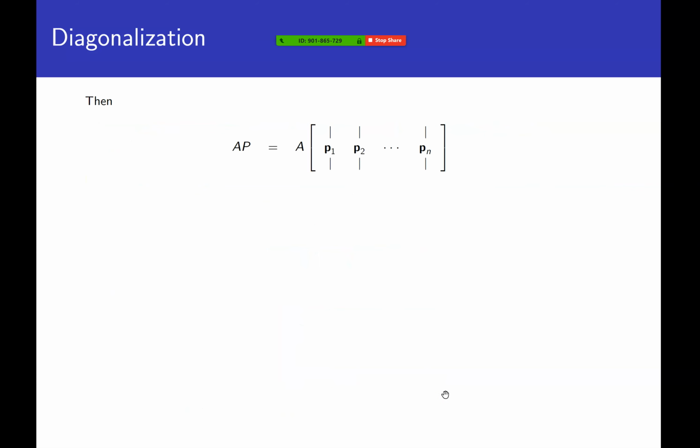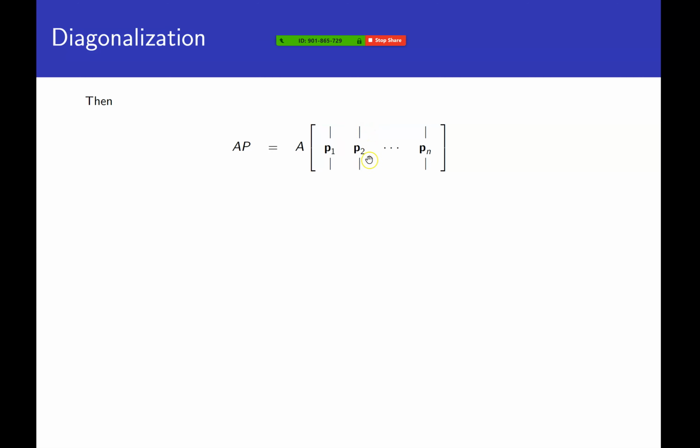All right, so we want to show how to form this matrix P and use this diagonal matrix D. I have some arbitrary P here, but I've written it by its columns. If I take A times P, this first column gets multiplied by every single row of A, and that ends up in the first column of the product.